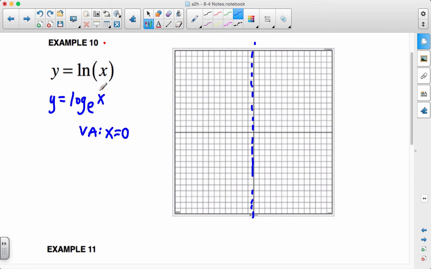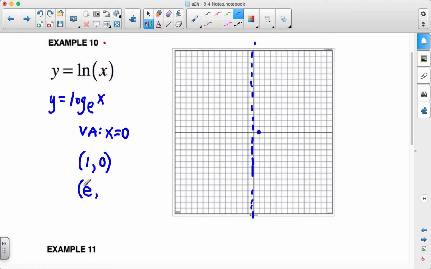Okay, I still want this to be a 1, so I'm still going to plug in a 1. Log base e of 1 is still 0, just like everything else. So 1 comma 0. But the difference here is, now I want this argument to be the same as the base. So I will plug in an e.